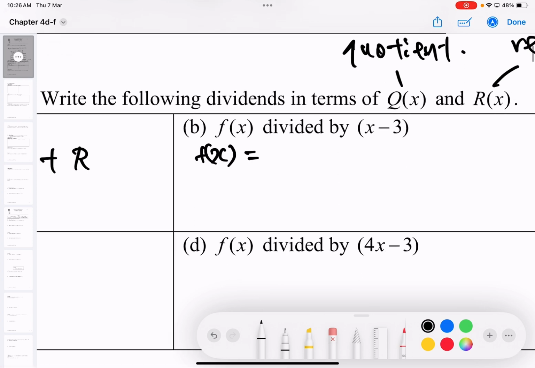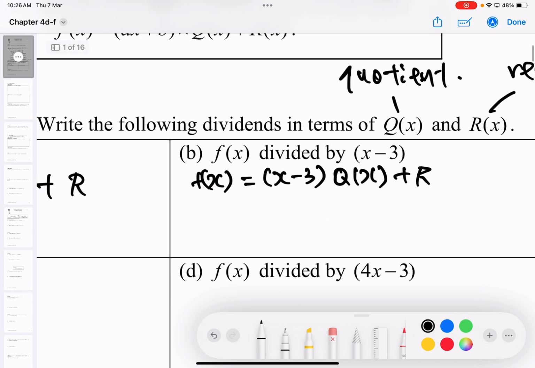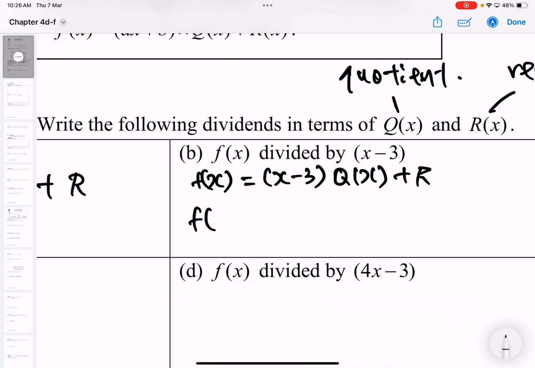Same thing, I'm going to write it down. f(x) is the dividend, the divisor multiplied by q(x) plus r. The remainder is of degree 0, so it's just a constant. How do I find the remainder? I just need to substitute in 3.